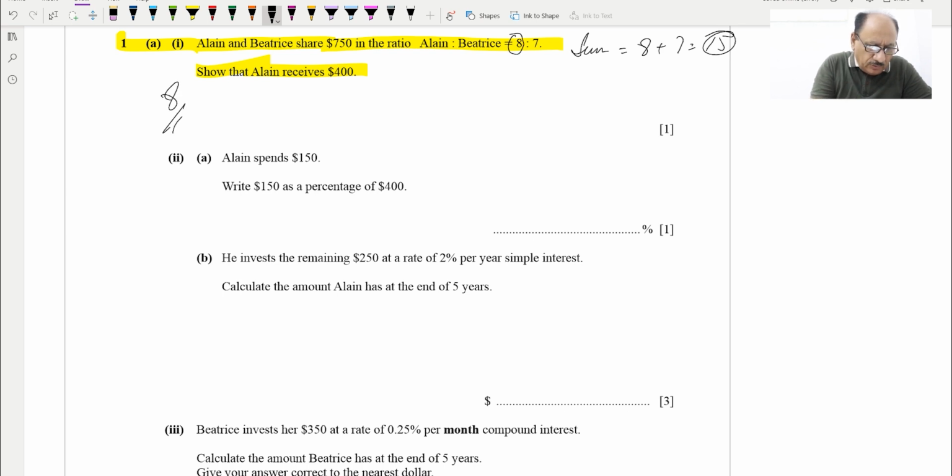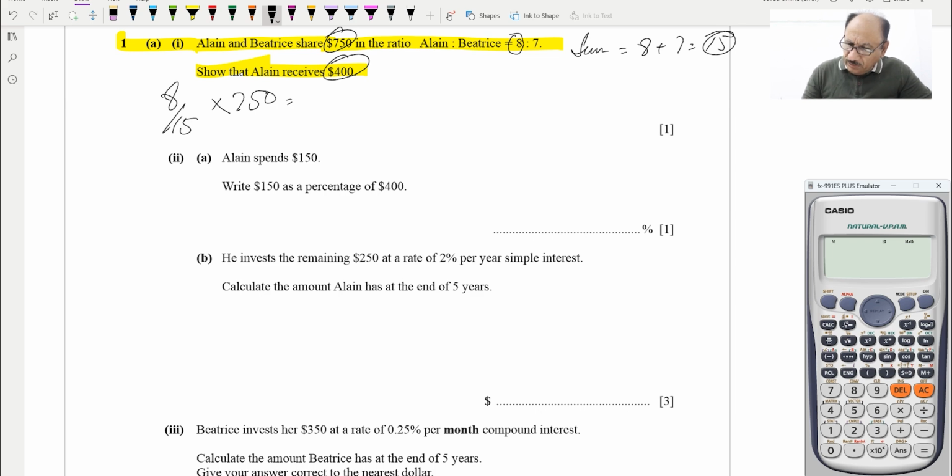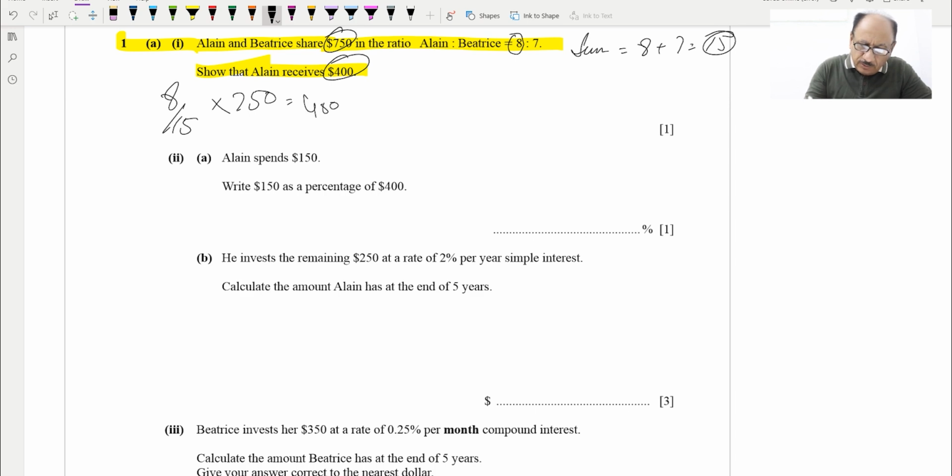So 8 out of 15 multiplied by the amount, $750. Using the calculator, 8 over 15 multiplied by 750 equals 400, and $400 is our final answer. This is a 1 mark question.